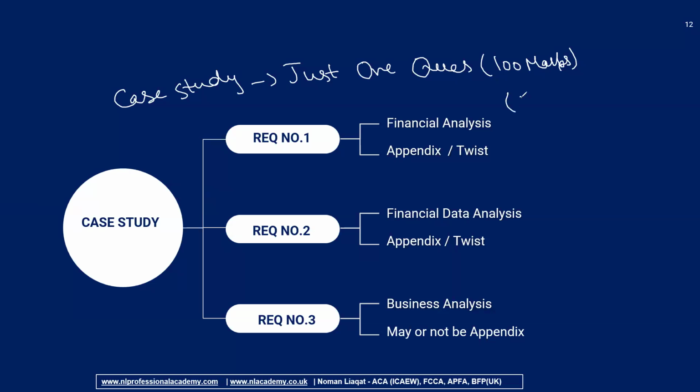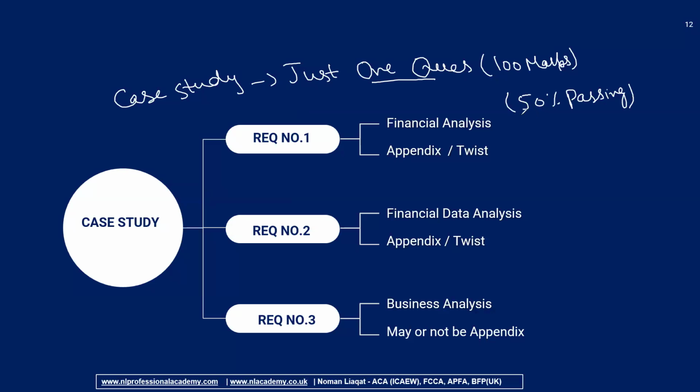The passing is 50%. 100 marks, one question. Unlike in corporate reporting, we have 3 questions. In SBM, we have 2 questions. And we have different numbers of questions in different exams of certificate and professional level. In case study, you have just one question, and that is of 100 marks. And passing marks are 50%.